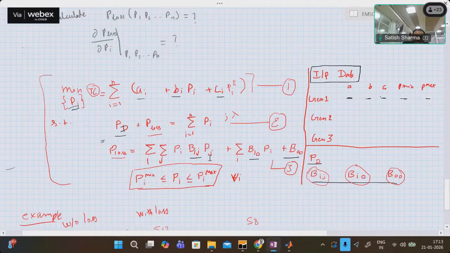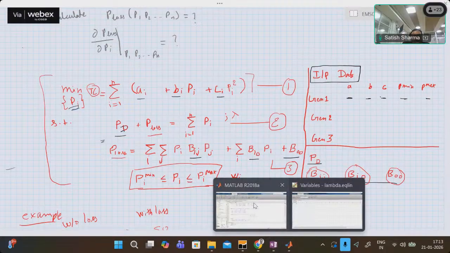So with losses having a second order function, this problem cannot be solved with quadratic programming. For that, we need fmincon. We will discuss it maybe tomorrow when we discuss the OPF. While covering OPF, you will be able to solve economic load dispatch with losses as well.